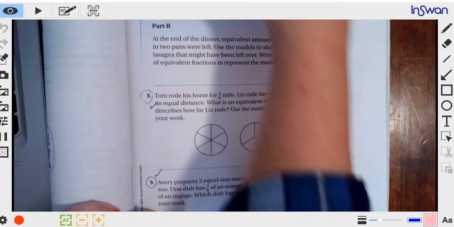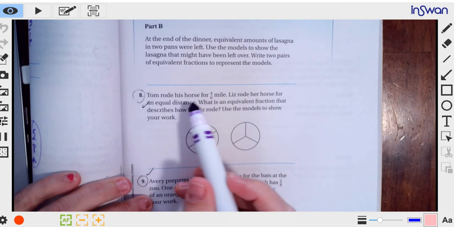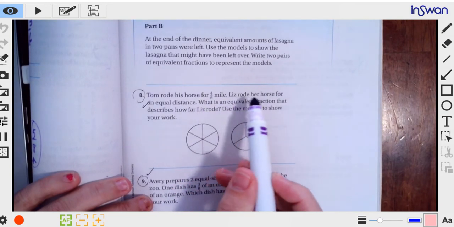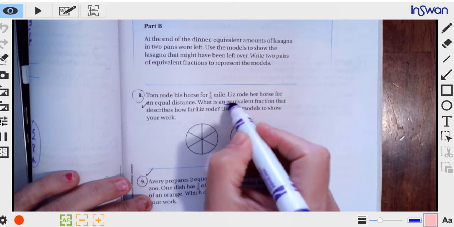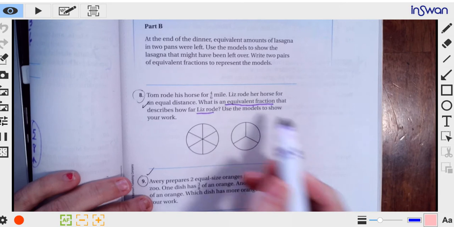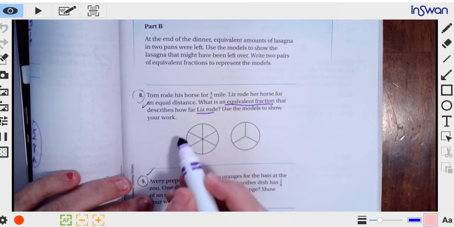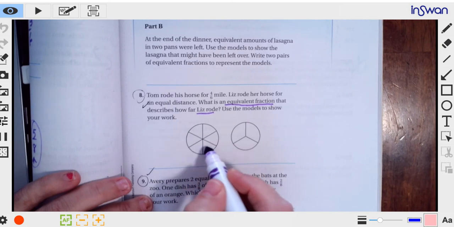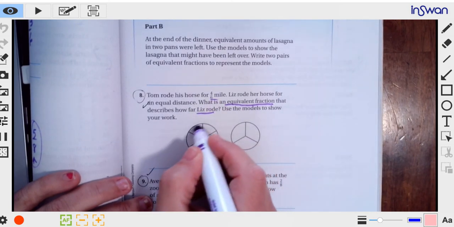Okay? All right. Let's go to number 8. Yep, we're skipping one. Tom rode his horse 4/6 of a mile. Liz rode her horse for an equal distance. What is the equivalent fraction that describes how far Liz rode? Use the models to show your work. So this one is broken up into 6 pieces. 1, 2, 3, 4, 5, 6. If we show Tom, he rode 4 of those 6.